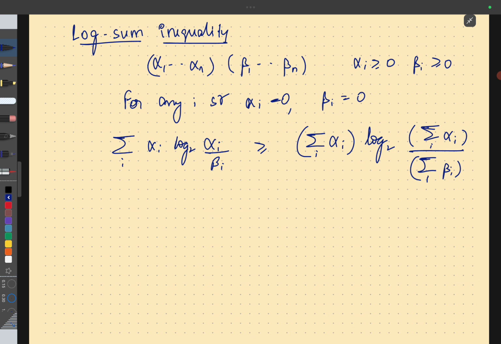So the right hand side just becomes 0. All right. So this is a generalization of the fact that the KL divergence is non-negative. And it's very easy to prove this because we've already seen the previous thing. Essentially, the idea is just this. You multiply and divide each of these by summation alpha i. So you take alpha i by sum over all j alpha j, and beta i by sum over all j beta j, and so on, so that you convert them to probability mass functions.